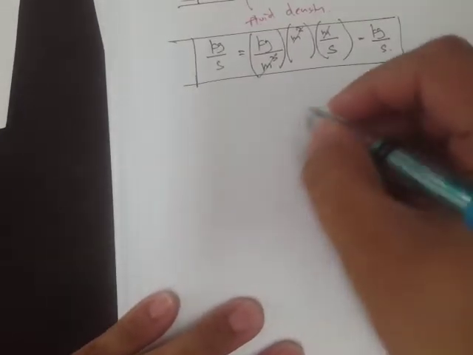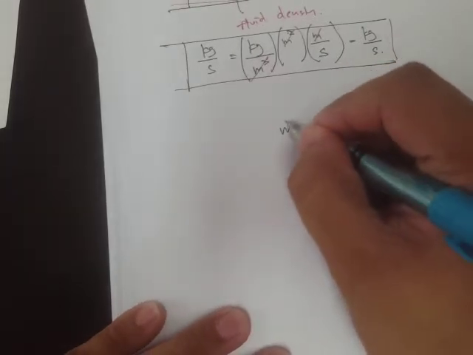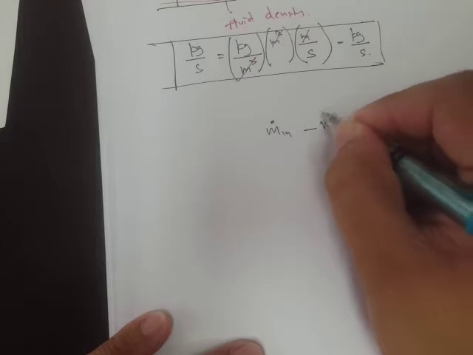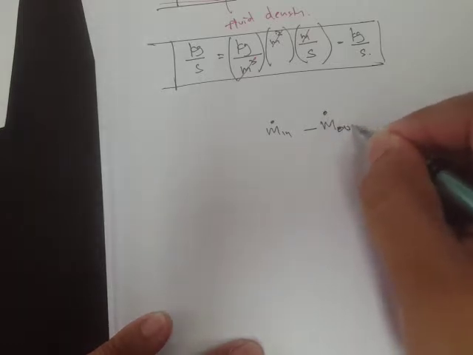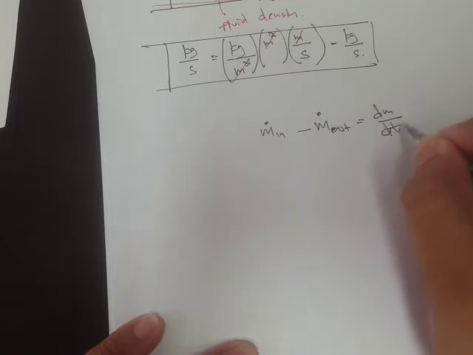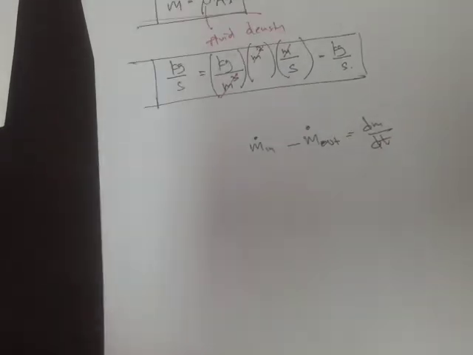Now for our equation, it says here that m dot in minus m dot out is equal to the rate of change of mass in the system.